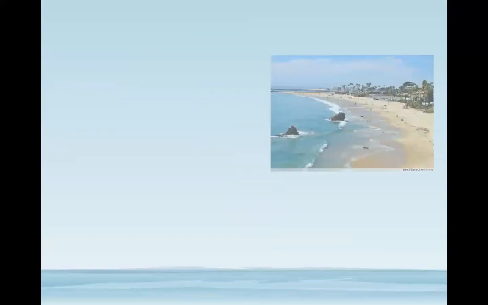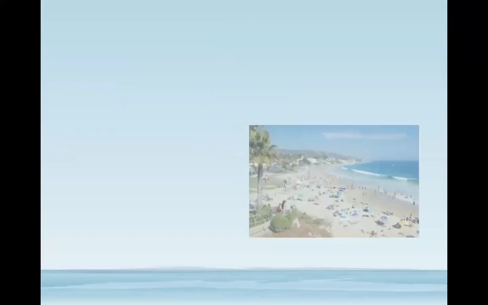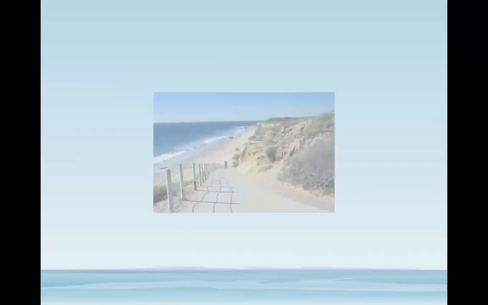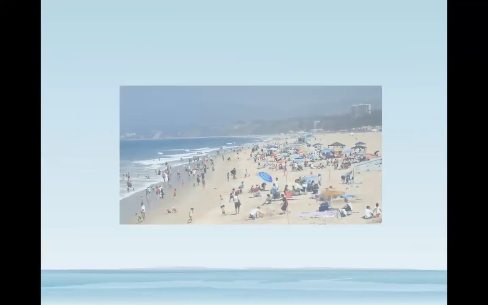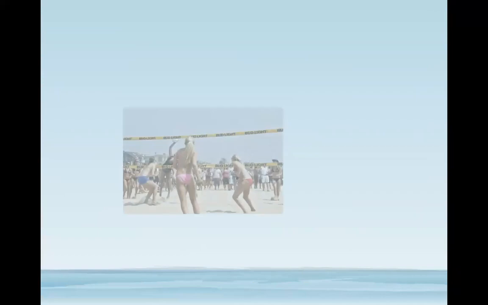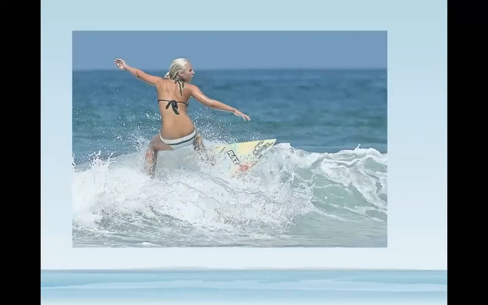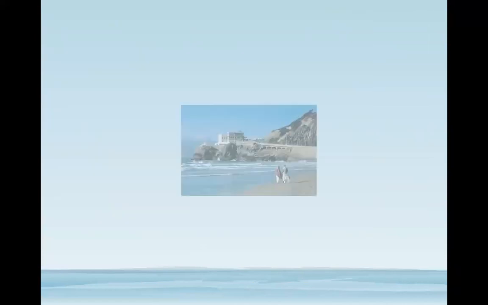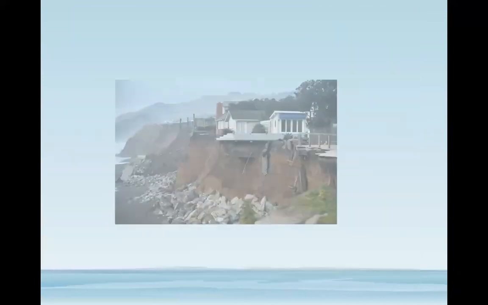Pocket beaches, pretty rocks, tons and tons of people, pathways down, 4th of July, oil spills, beautiful waves, tons of recreation, surfing, Santa Monica, sunsets, camping. Down in San Diego, people's houses are falling in, cliffs are giving way.